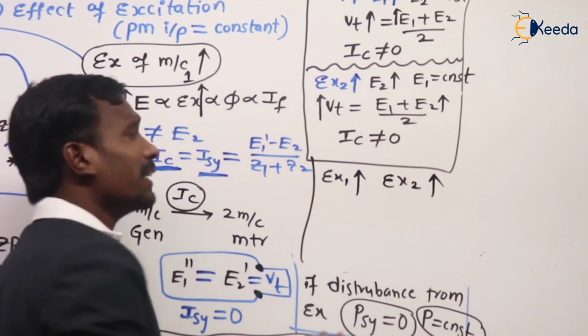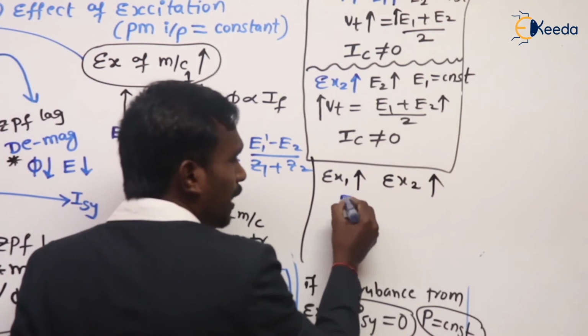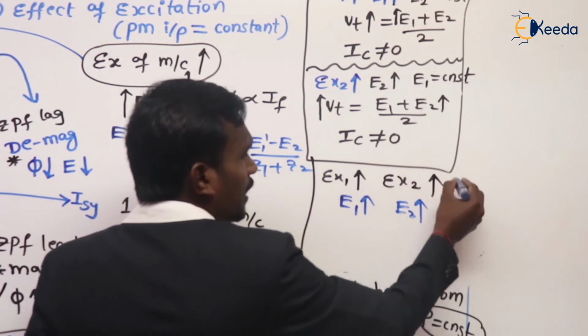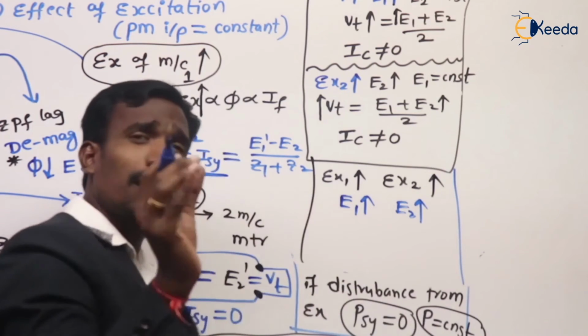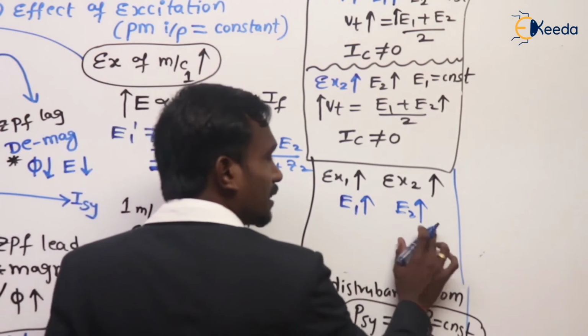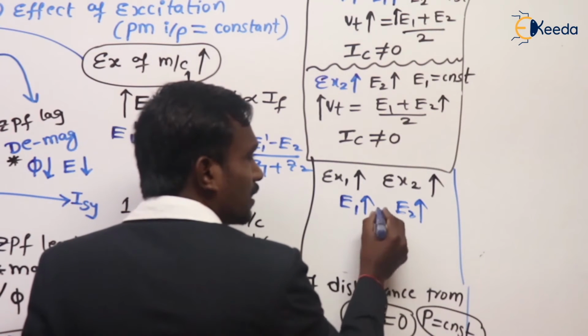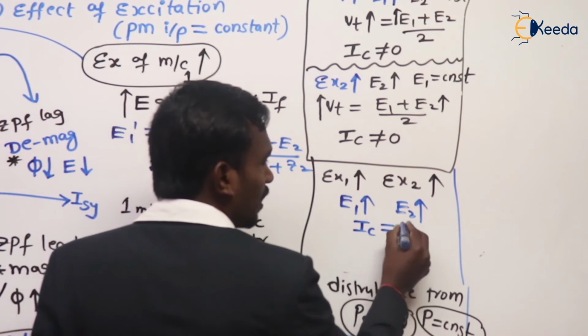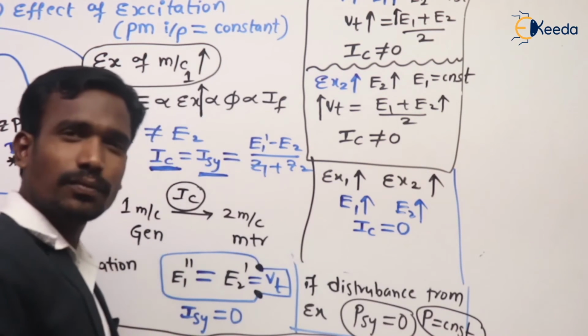When these two increase, E1 increases and E2 increases. If this increment is the same in percentage, then these two are again equal and the circulating currents are 0.